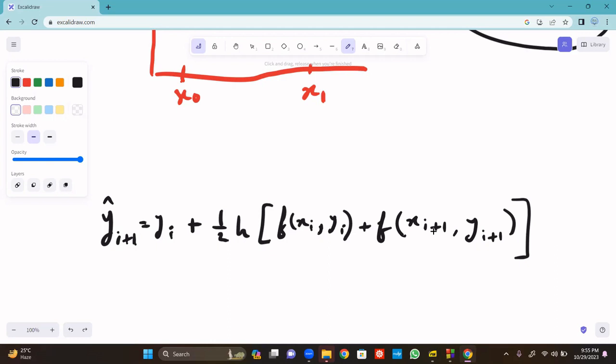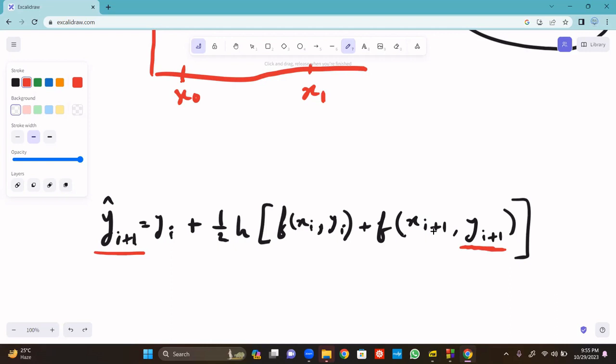But this method has one problem, and some of you may have already identified that we have yi plus 1 here, and yi plus 1 is the guy we are trying to find, and to find that guy we need that guy inside the expression. So this is an implicit situation, and there is a way to get rid of the situation.